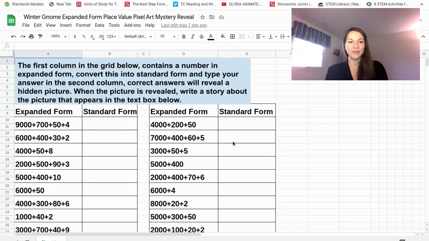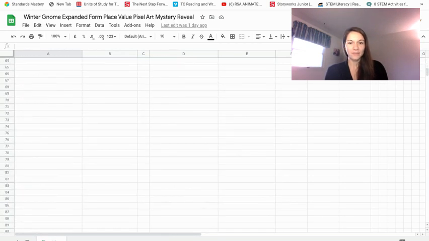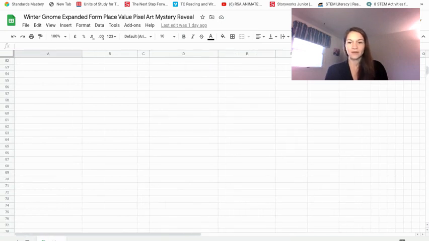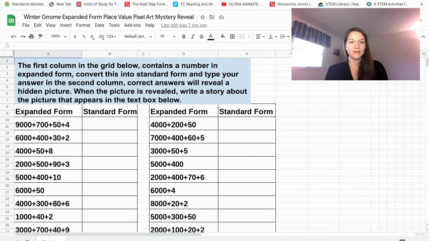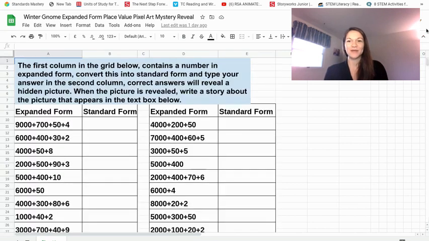So once you have that complete, you'll have a story revealed, and then at the bottom, maybe it's not on this page, there should be a space where you can draw a picture, but I'm not sure if I can. No, you might have to add your own text box if you want to write a story about it. Okay?